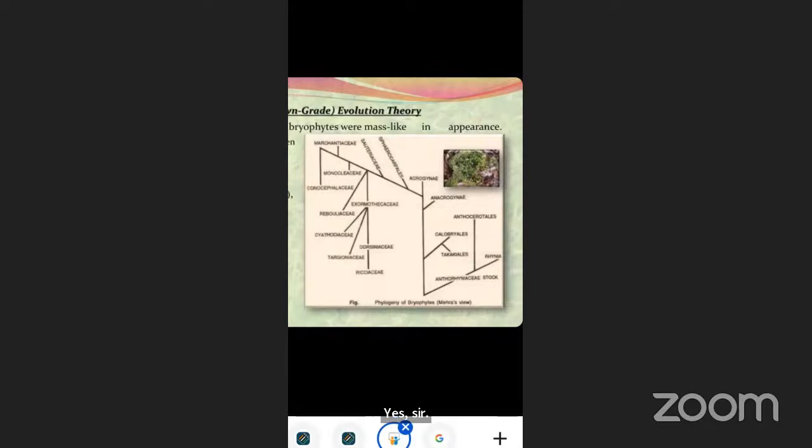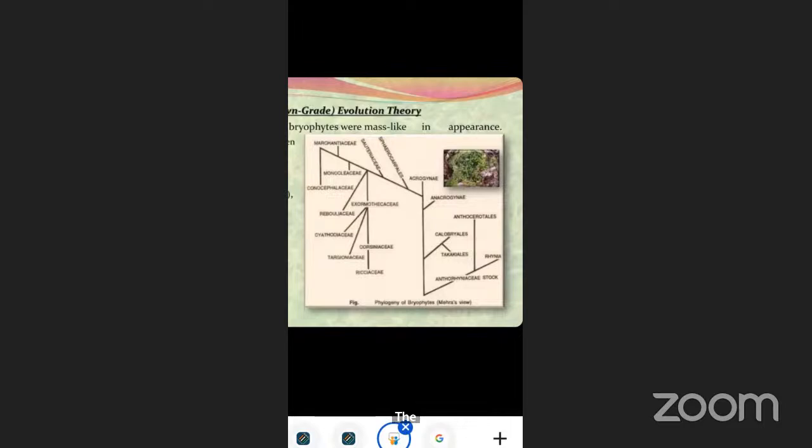And another theory is the progressive theory, explained by Cavers and Campbell. According to this theory, the primitive bryophyte was thalloid, meaning Marchantiales. Marchantiales has a very simple, primitive thallus-like gametophyte. Then the advanced one is the mosses or Bryopsida.